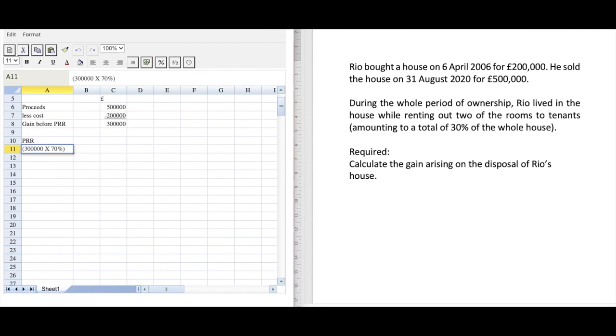So 70% of the property is used by Rio, so the 300,000 gain is multiplied by the 70%, and that gives us 210,000. So that's the PRR that you can claim. You can claim private residence relief of 210,000 to reduce that gain down. And it reduces down to 90,000.